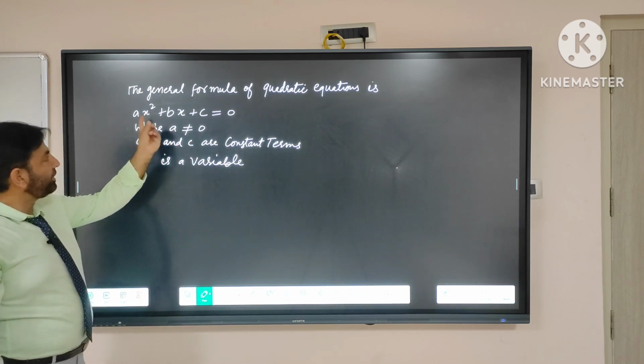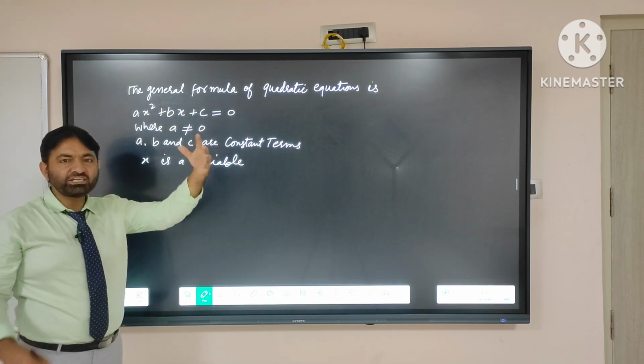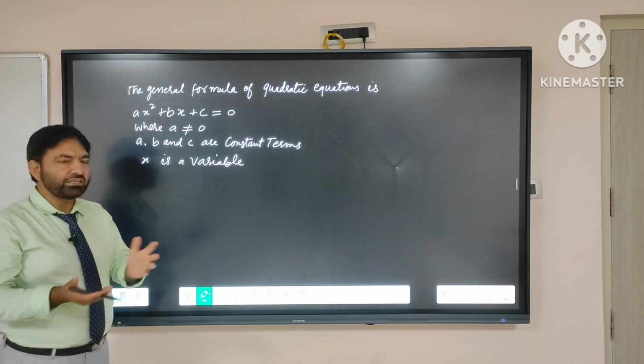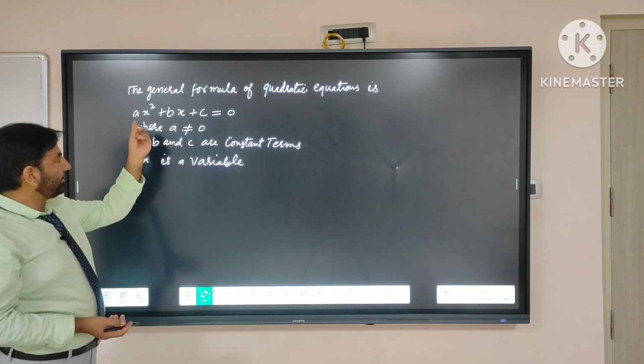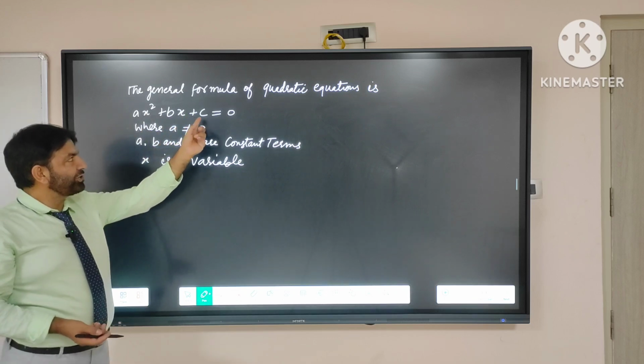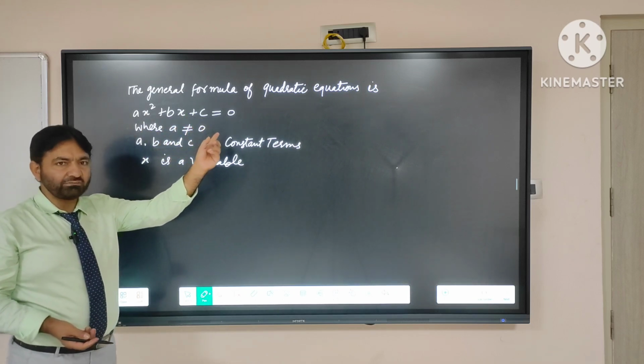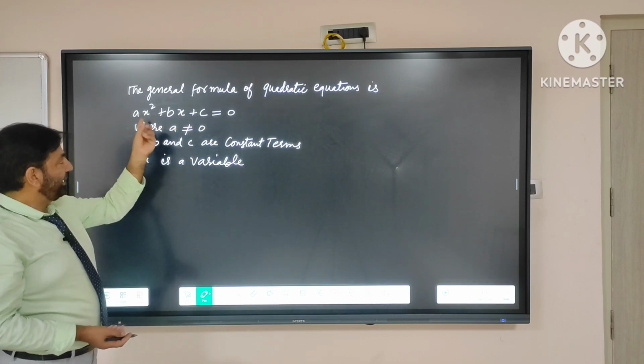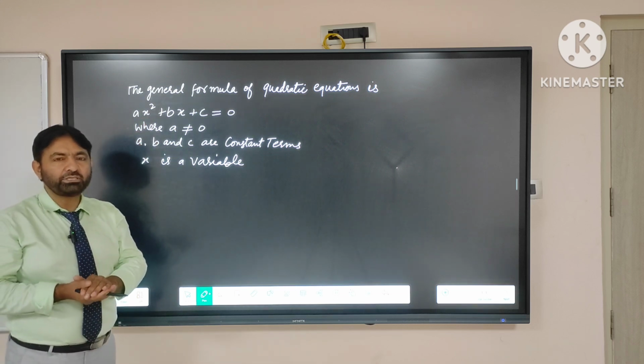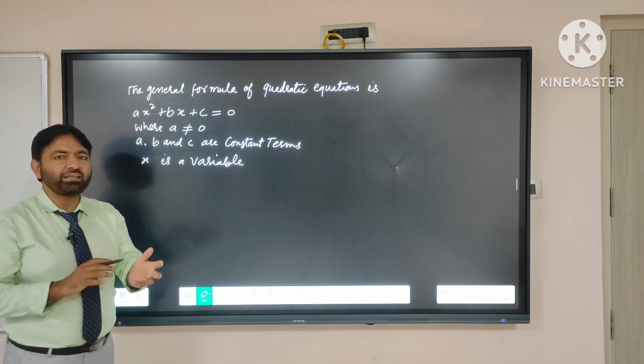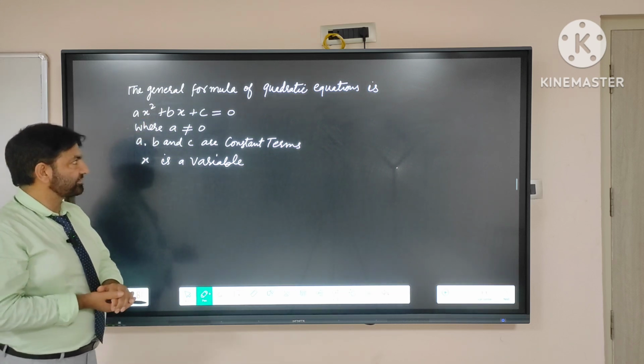So here we have a, b, c. These are the constant terms, real numbers, and generally we call c a constant term. x is the variable. The value of x may vary according to different conditions.